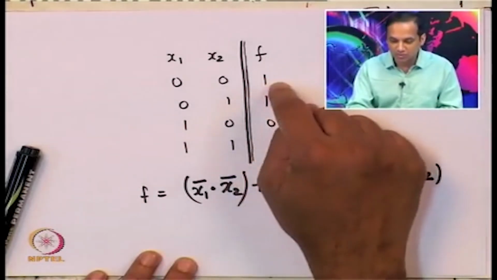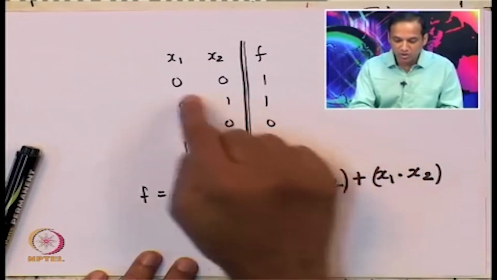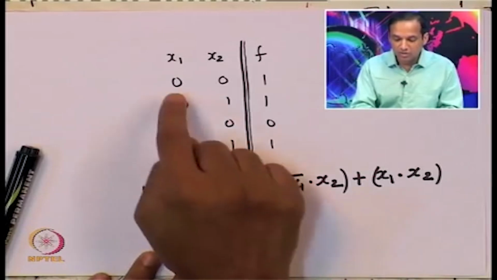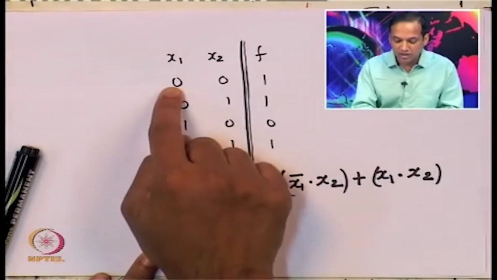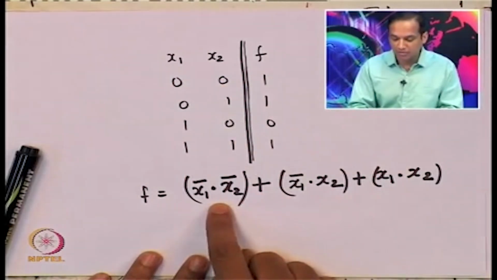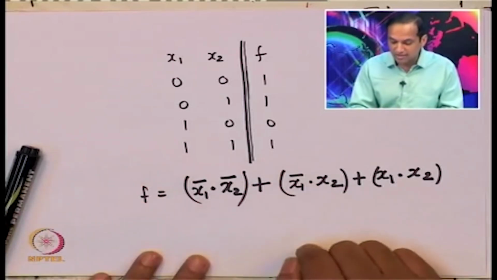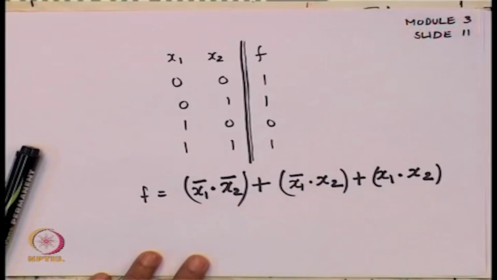Look at all the rows which have a 1, and wherever there is a 1, look at the corresponding left side and come up with a term which captures the correct conditions that make the output 1. So if x1 is 0 and x2 is 0, the output must be 1. That is what this one captures, and so on. This is the same thing that I used in the previous example. For XOR also I used the same trick. This is a slightly different example, that is all.